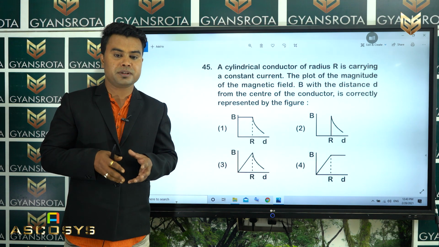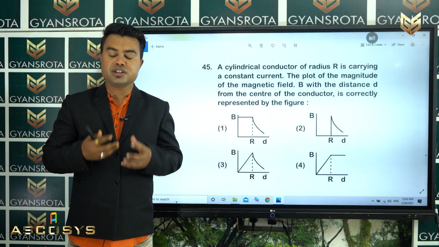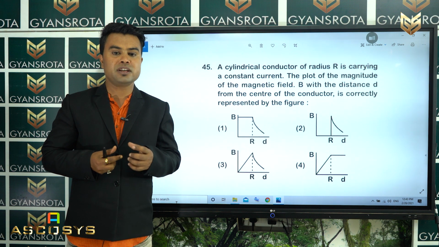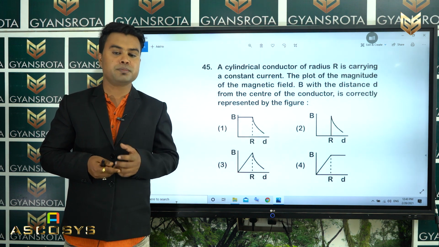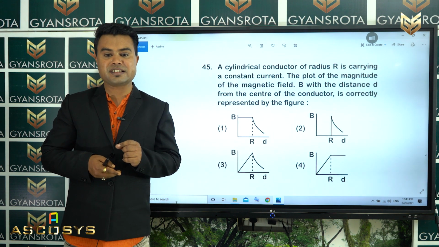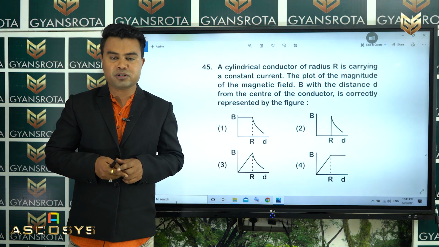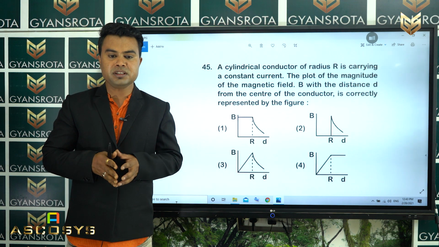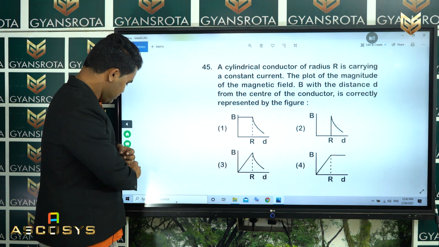This is from the chapter magnetic effects of current and can be understood from the formula B equals mu naught I by 2 pi r. B is inversely proportional to the distance. At first it increases and then it decreases. So what do you think, which graph will it be? Option number 3. So 3 is the correct answer for this one.